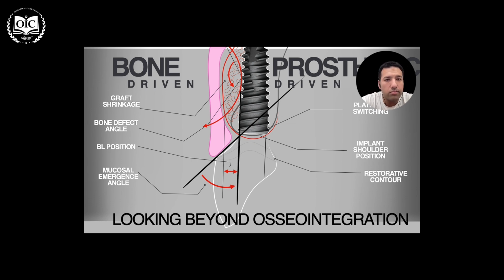You have to think about many angles in the restorative crown, many angles in the tissue, many angles in the bone, and the platform switching, the implant shoulder position, many factors that we should consider during the planning of guided surgery in the aesthetic zone to minimize this crestal bone loss and support the stability of the supracrestal fibers.